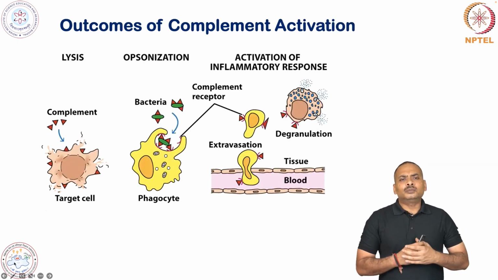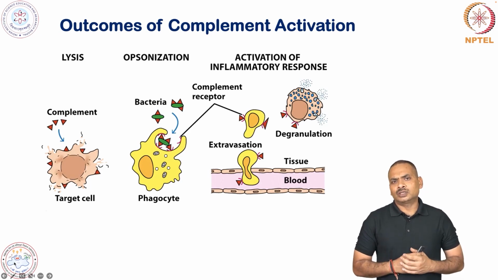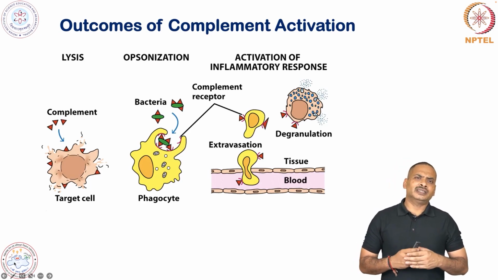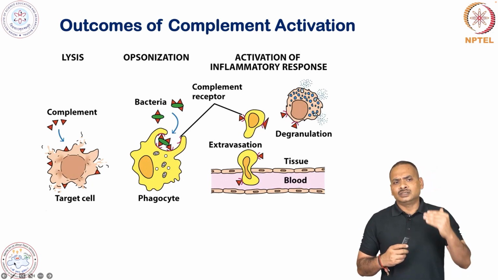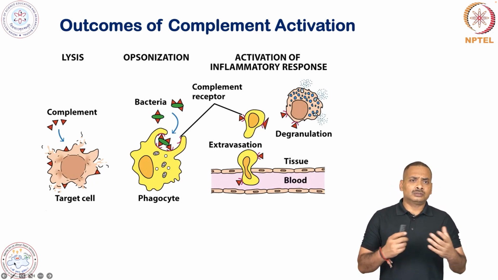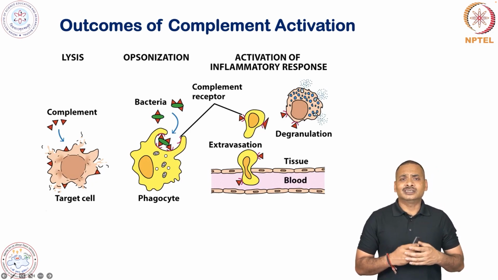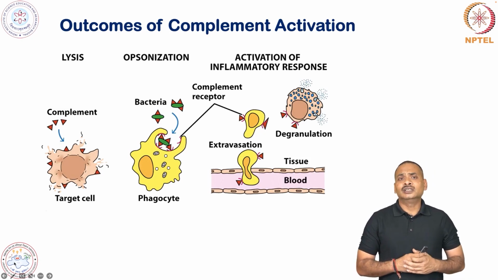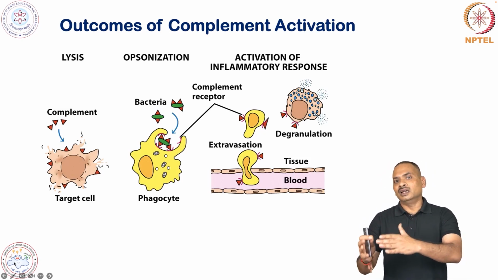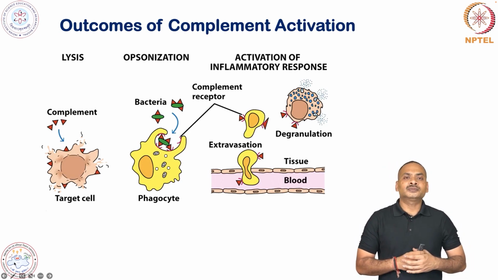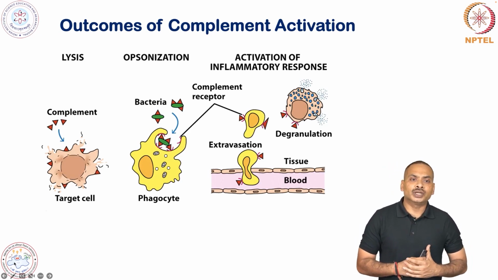There are three major outcomes of complement. I think I told you several times in previous sessions. The first outcome is the lysis of the target cell. So when complement gets activated, this will lyse the target cell. Another is opsonization.